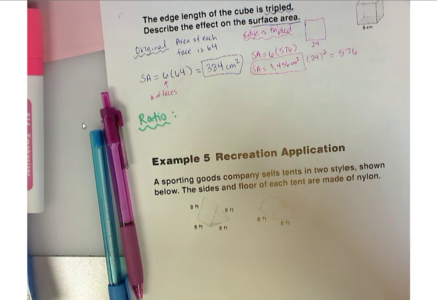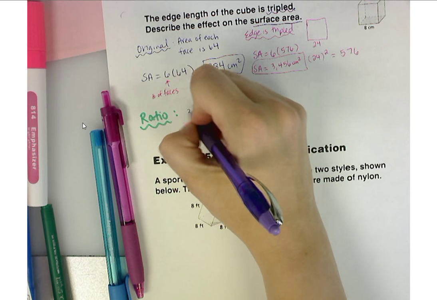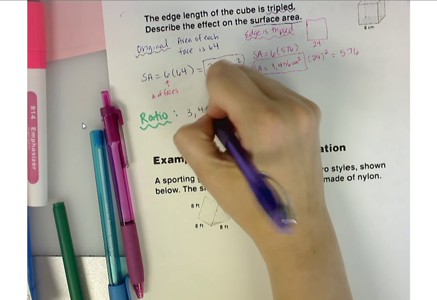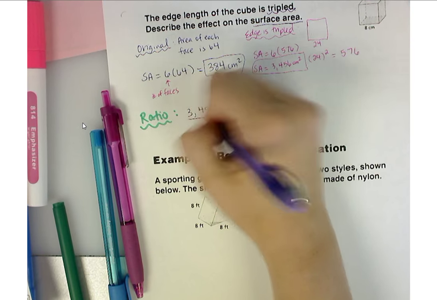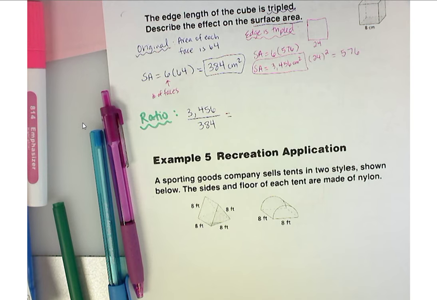Okay, so your ratio of the new to the original is 3,456 over 384. Right? And you're either going to reduce it or it'll go into it evenly. And does this one go into it evenly? Yeah, how many times? Good.